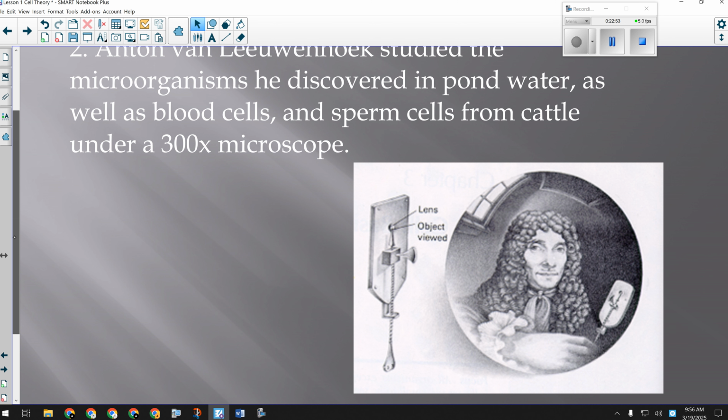Okay, so what he would do is he would have a bright light source, sometimes maybe just a sunny window, okay, that would shine on his subject. So this little tab here would have the subject sitting on top of it, no slides. Okay, so there'd be the subject there, maybe like a small drop of water, and you have to hold it really, really still, okay, and let the light shine through it, then through the lens, and then the light would go like this.